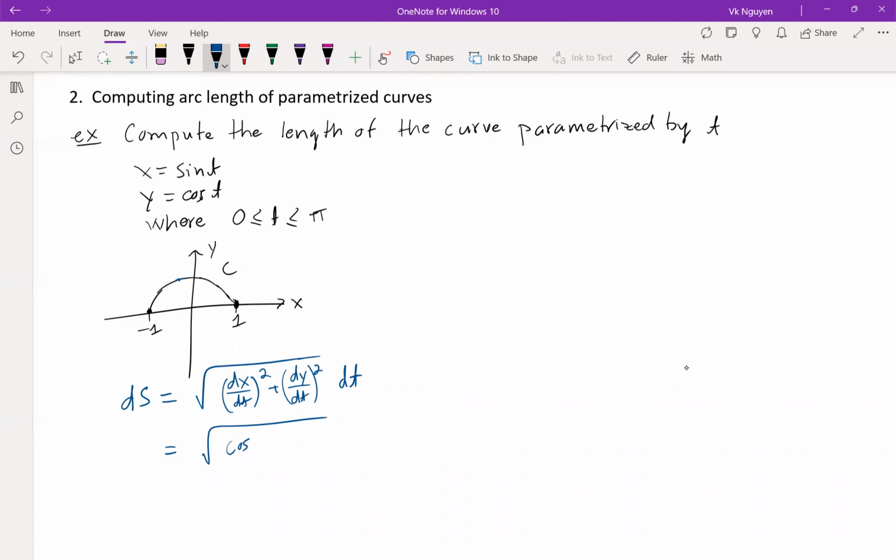We have cosine t squared plus, the derivative of cosine is negative sine t, squared, dt. Well, cosine squared plus sine squared is 1, so it's the root of 1, dt. So this would just be dt. How amazing, huh?